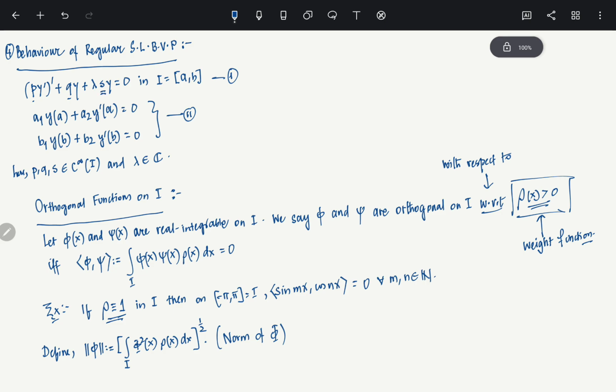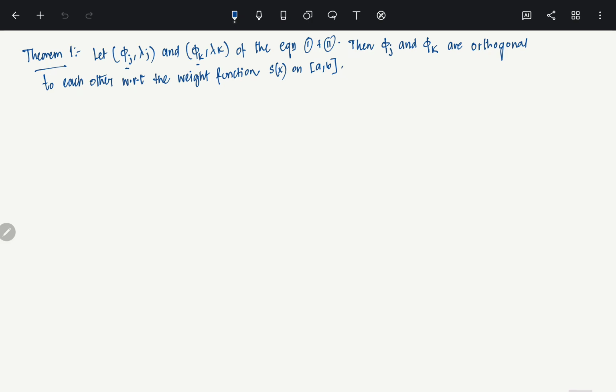This s is a part of 1 and 2, right? Depending on this s of x, we can get the pair of eigenpairs essentially. What we are trying to say here is that the two eigenfunctions phi j and phi k are going to be orthogonal to each other, with respect to the weight function s of x.